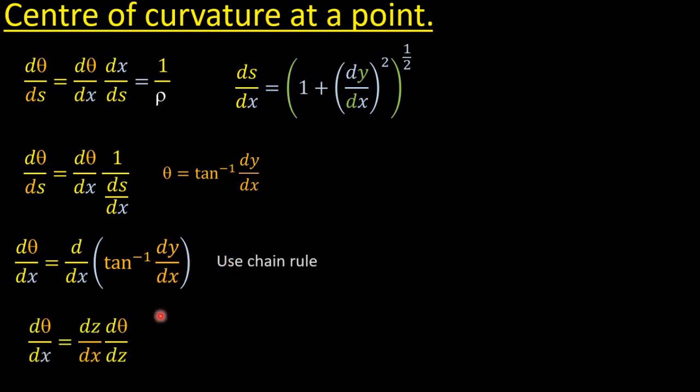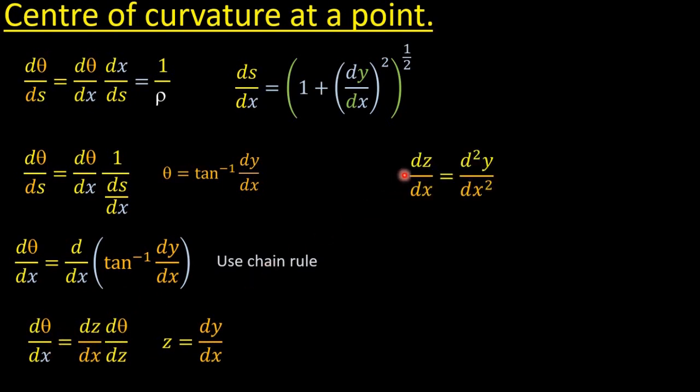So there's the chain rule: d theta dx equals dz dx times d theta dz. z is the substitution I'm making, so I'm saying z equals dy dx. If I take the derivative of z with respect to x, and then multiply that by the derivative of theta with respect to z, I'll get d theta dx.